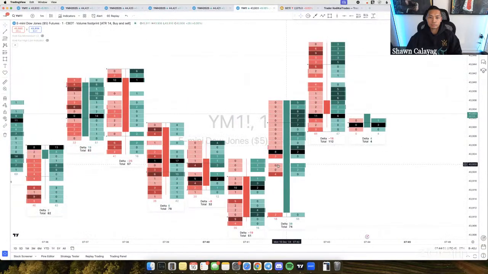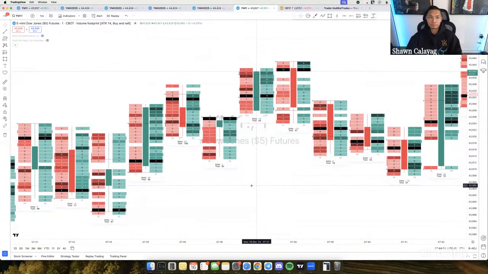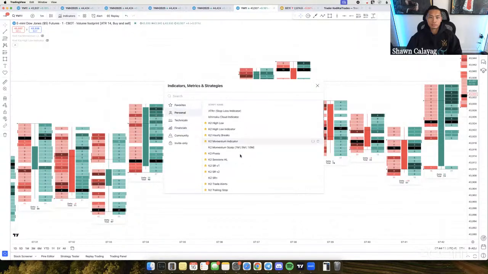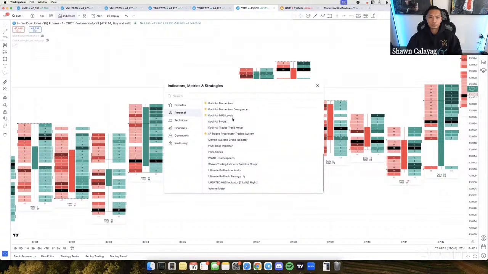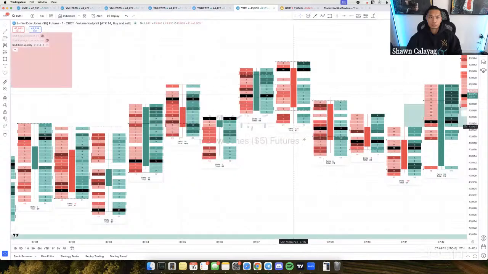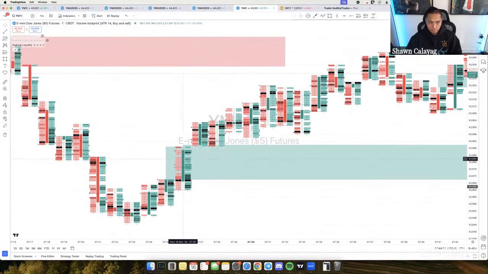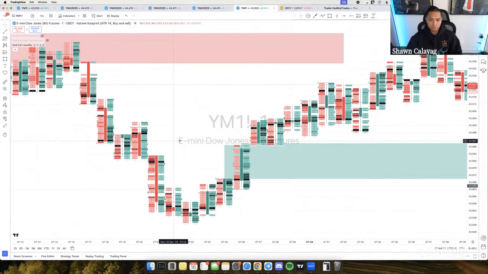Looking at the order flow over here, footprint. I'm kind of curious now to see how this would work with order flow.